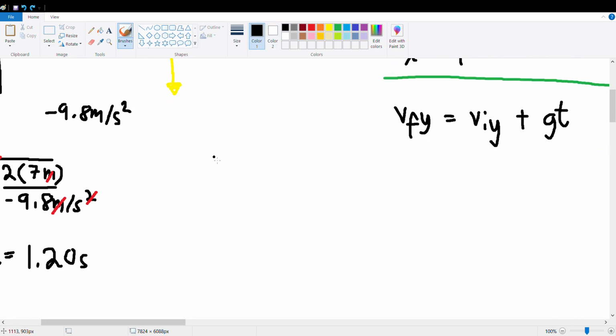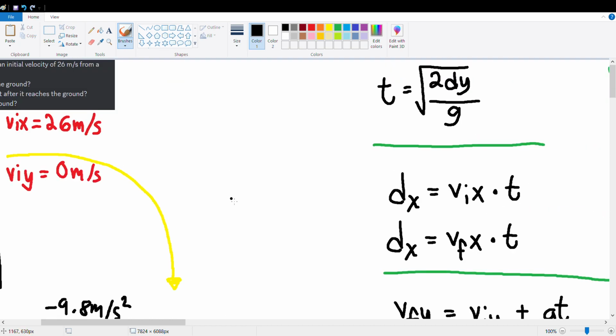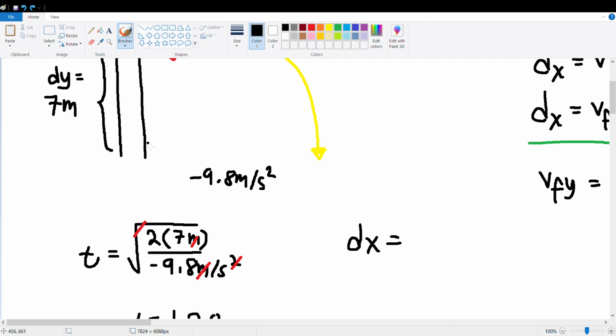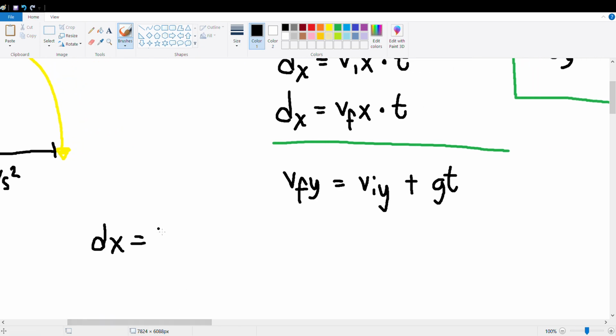If we want to answer dx, because that's the second question, how far is the piano from the launching point? So it's basically saying how far this is. This is the dx. So dx equals 26 meters per second times 1.20.